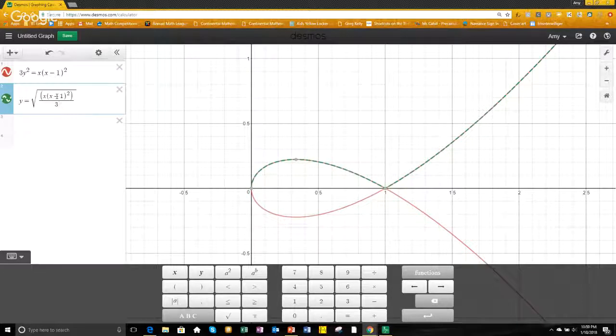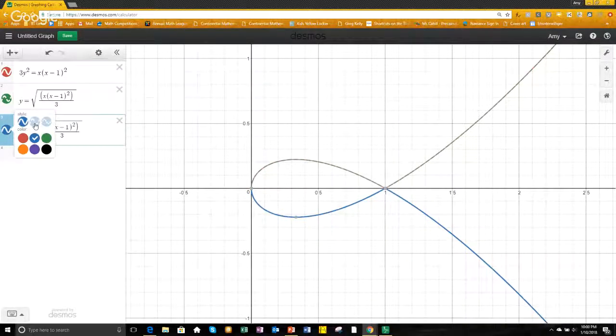And you see how that's the upper half, and we can do the lower half by making it negative. Make that dashed. And there it is. We have two implied functions in this one.